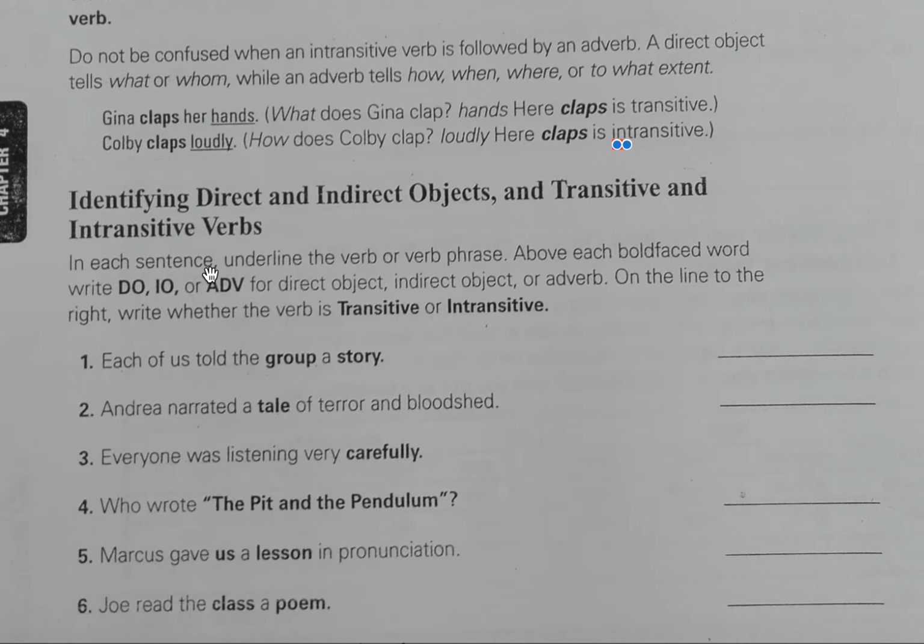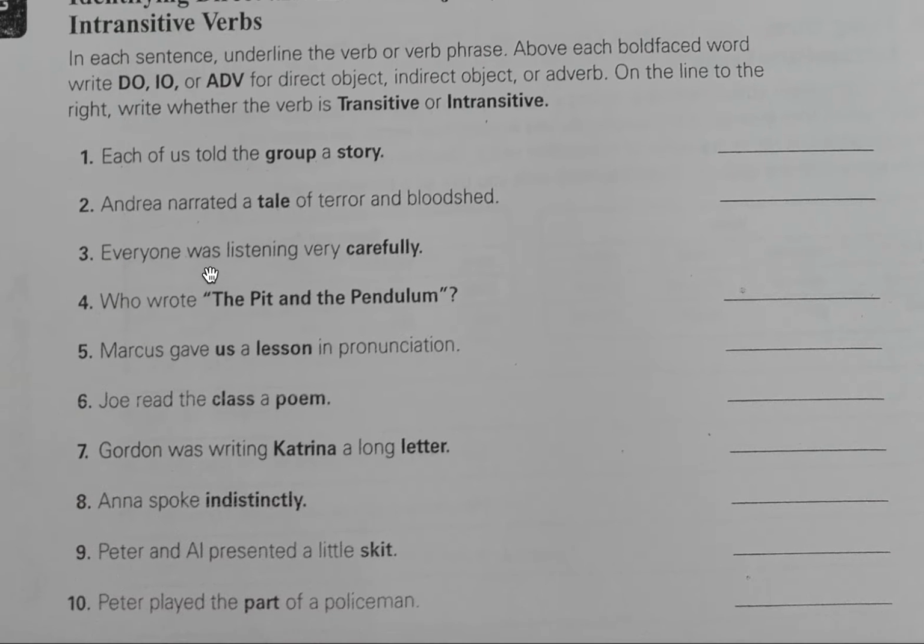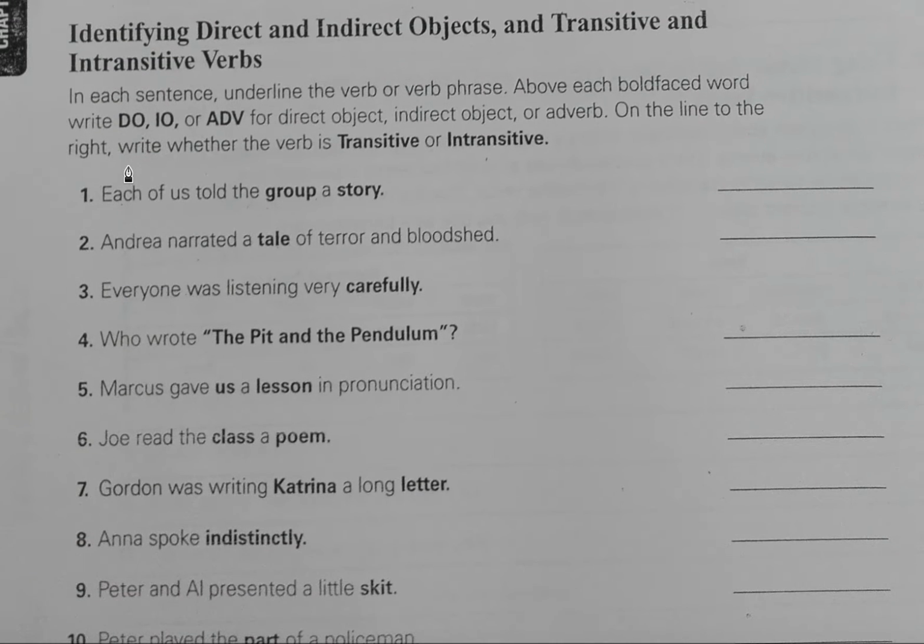Okay, so down at the bottom, we're going to work together, and we're going to put either DO for direct object. And remember, there must be a direct object in order to have an indirect object. So we'll put DO for direct object, IO for indirect object, and adverb for words that describe the verb.